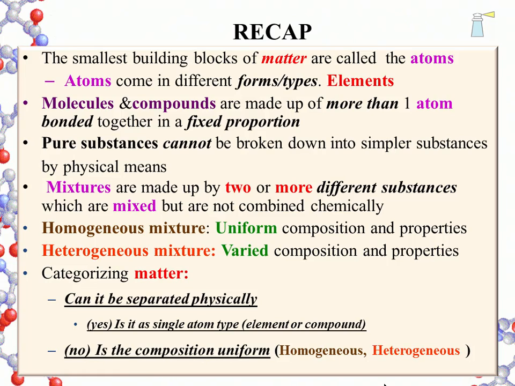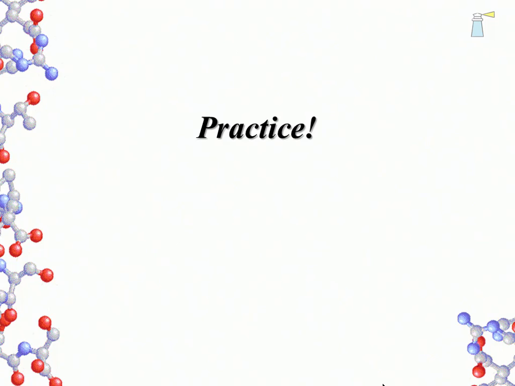And that parses the material into homo or heterogeneous. And that concludes the lecture on classification of matter. Take what you've learned here and practice categorizing matter. This subject needs repeated successes and failure to develop as a skill and to begin the foundation of chemistry.